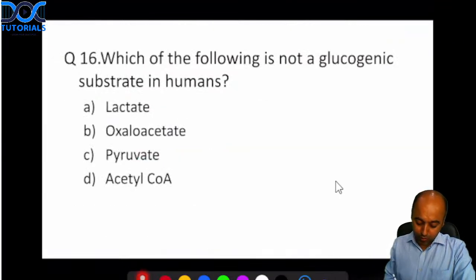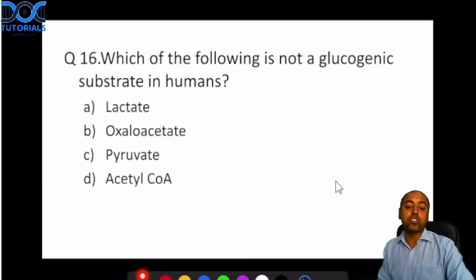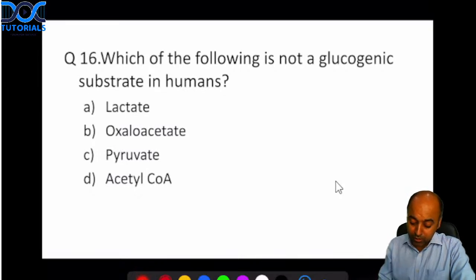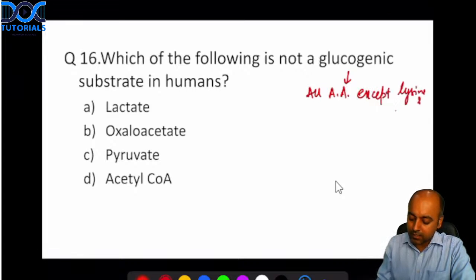Okay, question number 16, another important question, glucogenic versus ketogenic molecules. What you have to remember, all amino acids. We'll quickly talk about the glucogenic substrates: all amino acids except lysine and leucine, right?